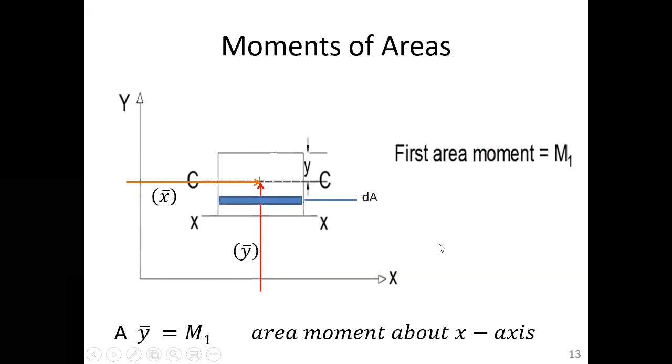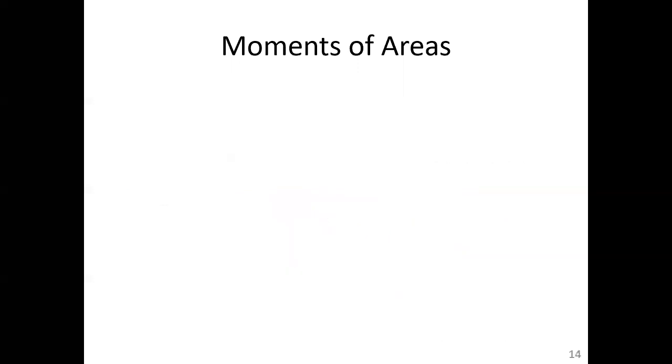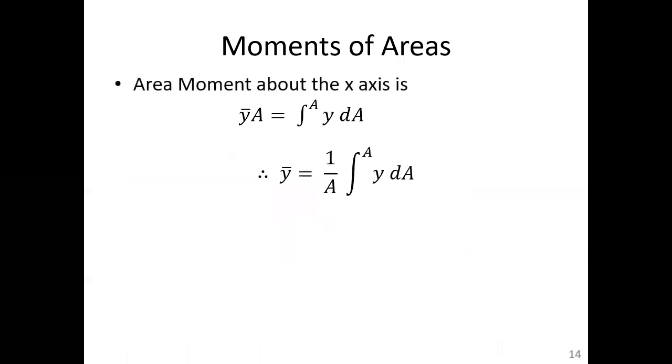But what we can do is take an area dA, any area, and in this case, it's parallel to the x-axis. We can have then a moment arm y. What we would basically be doing is integrating y dA over the area, and that should give us A y bar, right? And that equation's on the next page.